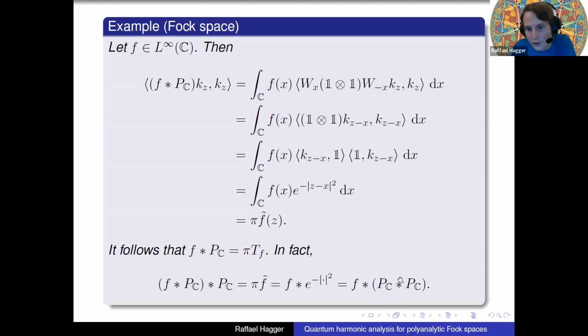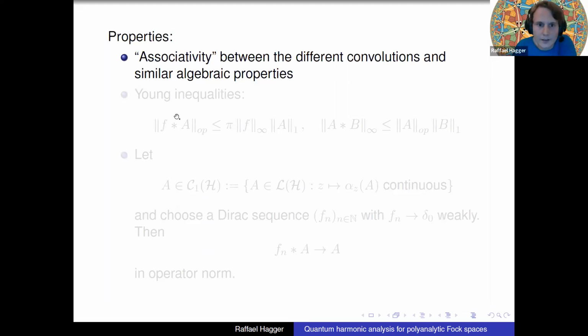But on the right, we first do an operator convolution, which gives a function, and then we have a function convolution. So this star is not the same as this star here. This is kind of remarkable, but everything works out, and therefore we don't have to worry about which star is which. We can just use the same symbol. It's really convenient. And in fact, this works very generally, not just in this example with this very special operator. You can always compute these convolutions in any order you want.